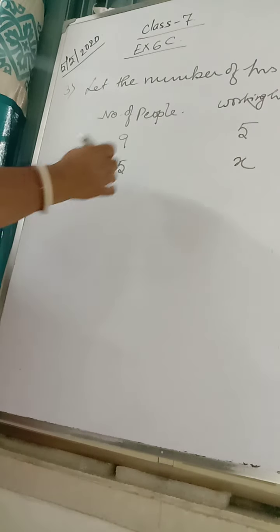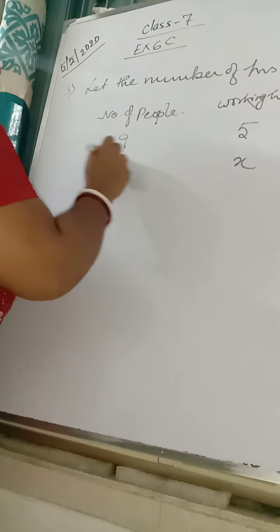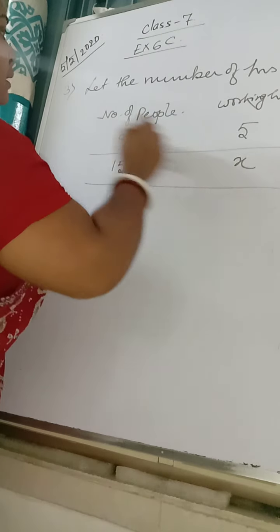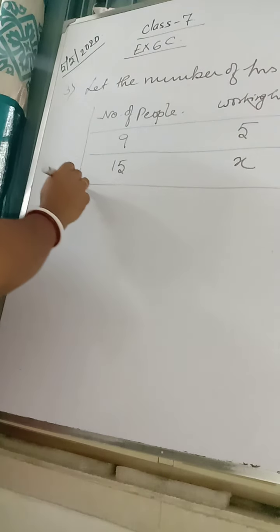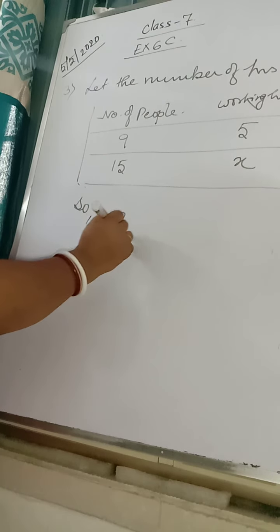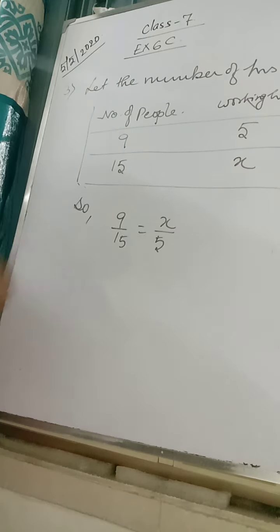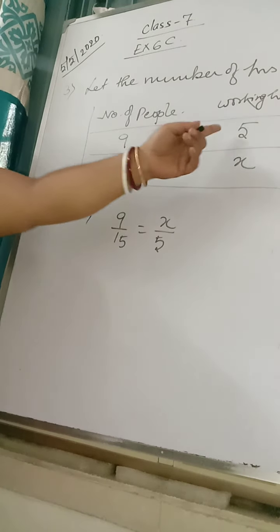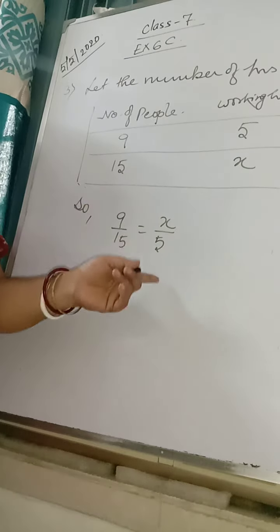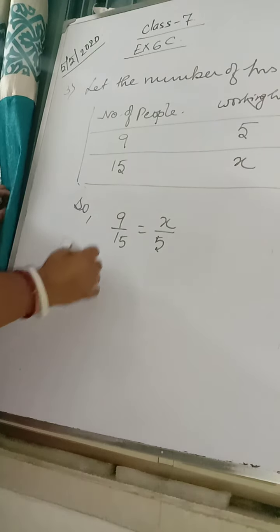So this is increasing and this will be decreasing. It is indirect variation. So 9 by 15 is equal to, what I have told you, in indirect variation we will be writing the reverse of it. We don't write 5 by x, we will be writing x by 5.